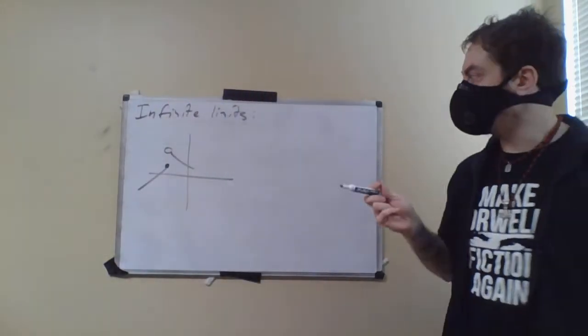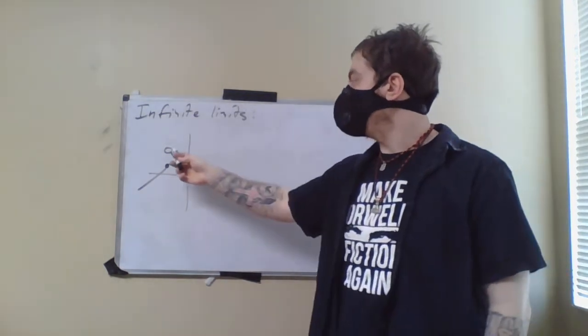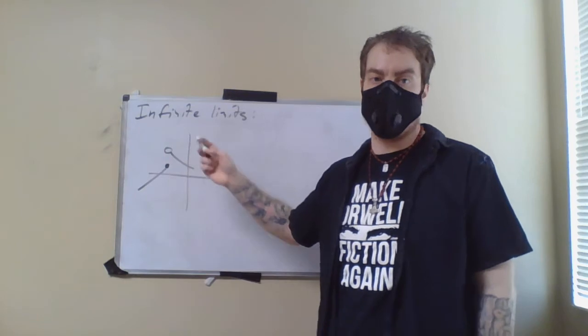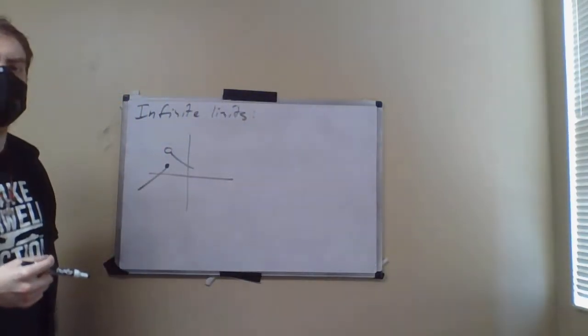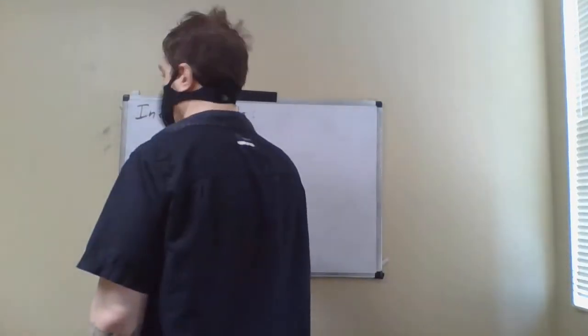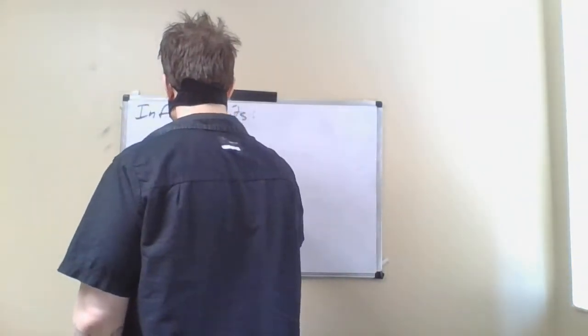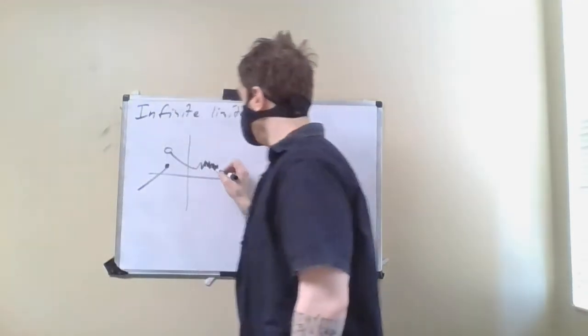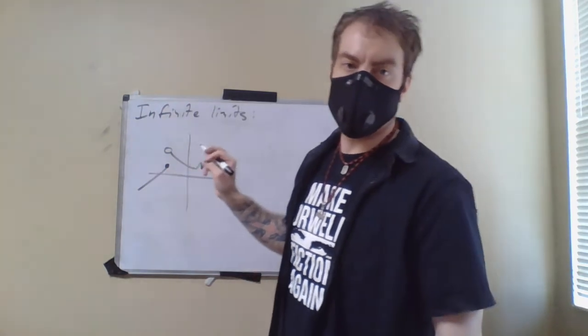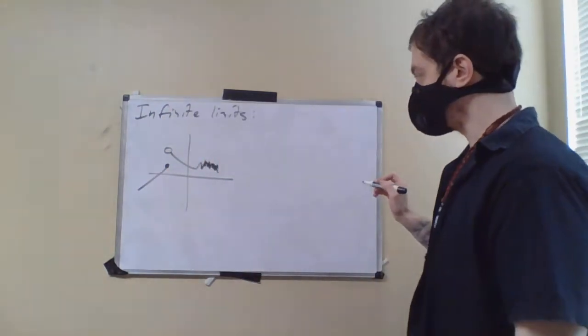I do have a well-defined left and right-hand limit. There are some specific numbers here, but they're not the same, therefore I don't have a limit. Another thing that I could do is have something like we had with sine of 1 over x. So I could have something that just starts shaking around an infinite amount and doesn't approach any one particular value. That would be another way I could fail to have a limit.